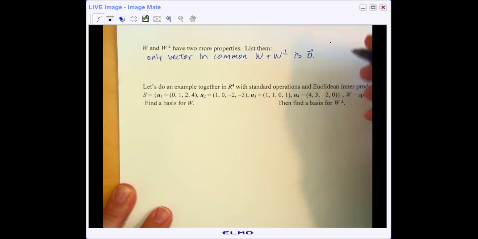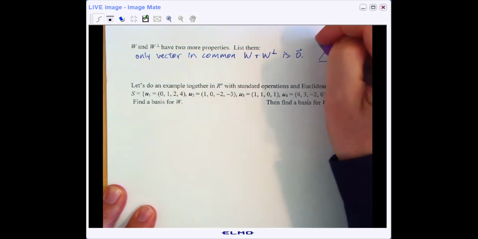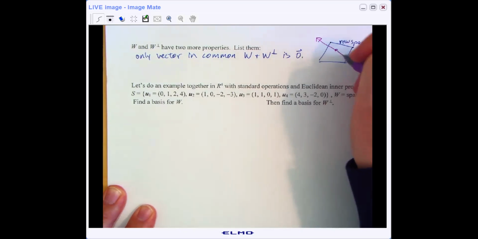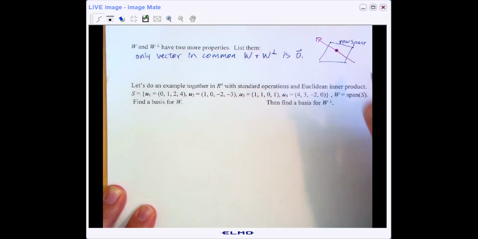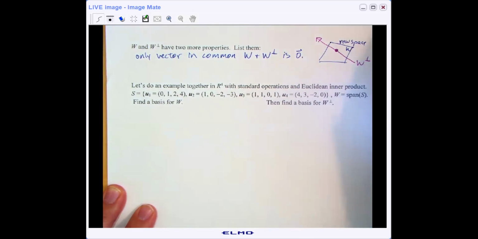Think of our plane for the row space and our line for the null space. The only vector that was in common between these guys was the 0 vector.